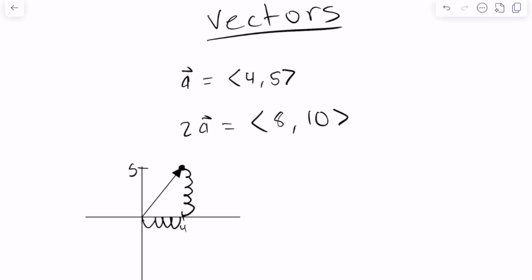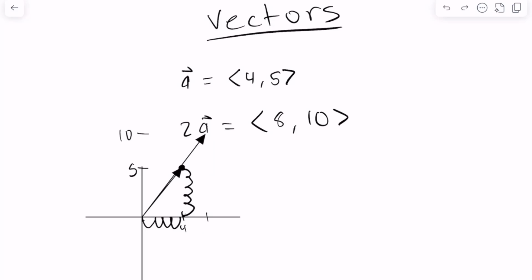If we plot the 8, 10 vector, it's going to look something like this, if this was 10 and this was 8. And I'm going to show you why. It's going to be the exact same slope, because if we go 4 over again, 1, 2, 3, 4, and 5 upwards, 1, 2, 3, 4, 5, we get the exact same slope, right?